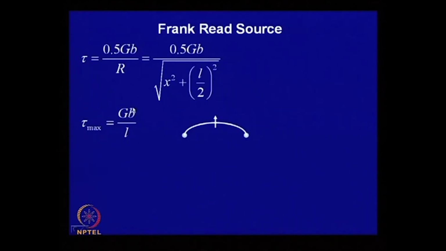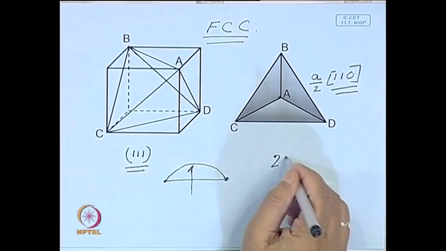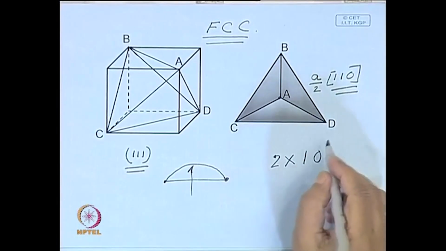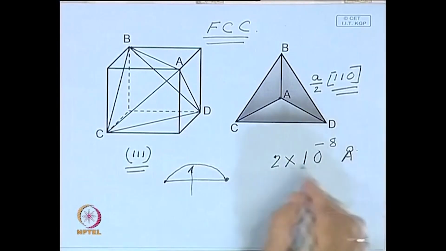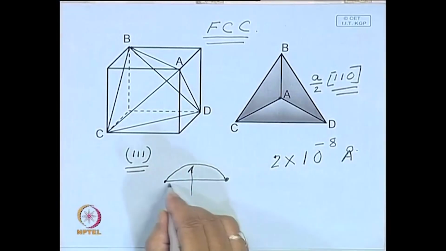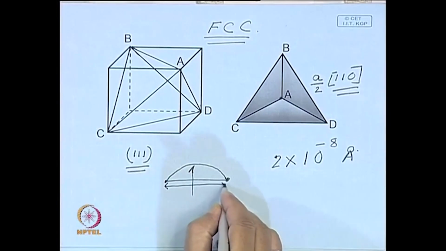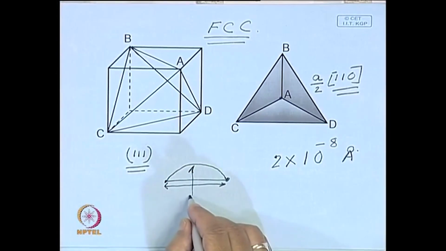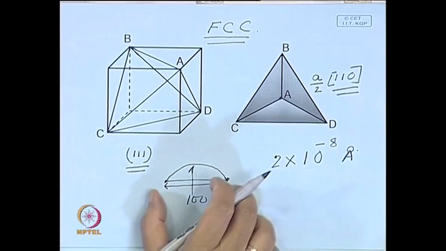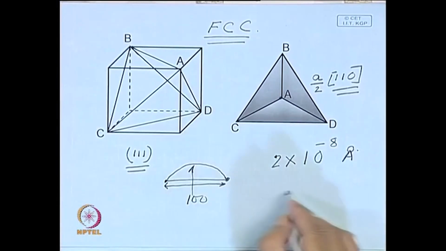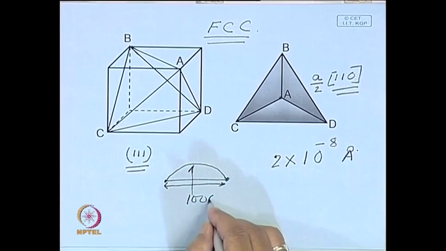Now, considering that the Burgers vector b is of the order of atomic spacing, say maybe 2 into 10 to the power minus 8 centimeters, and let us say this spacing L is of the order of 100 or 1000 atomic spacings.